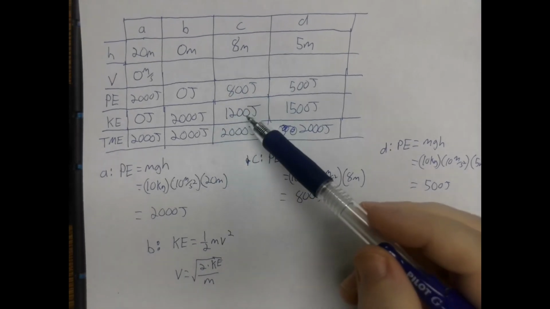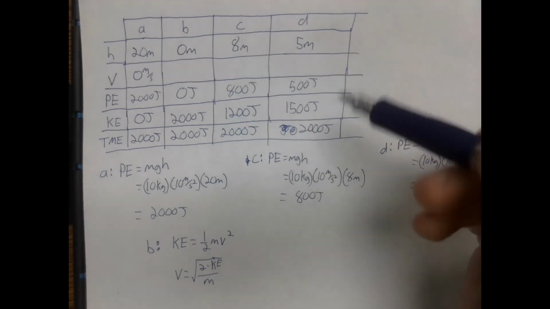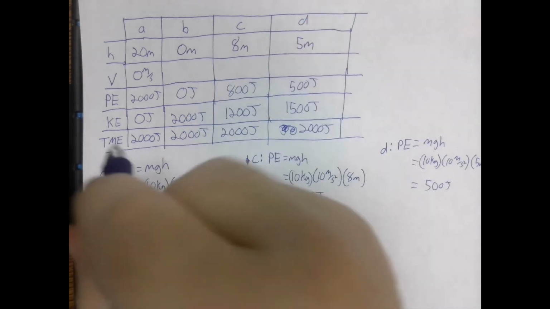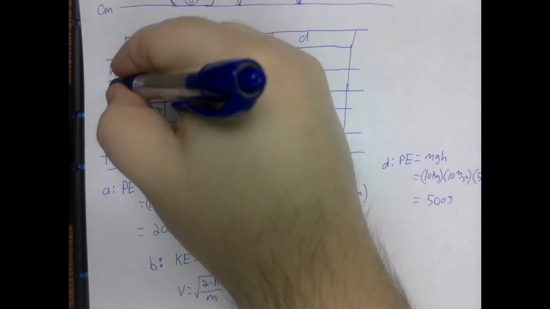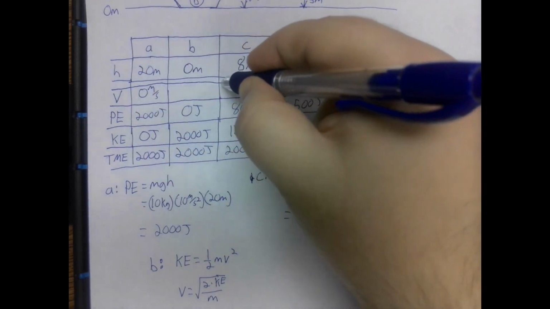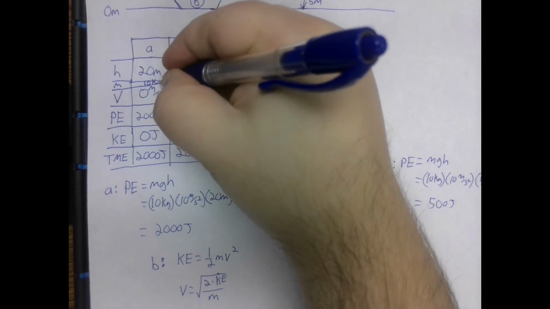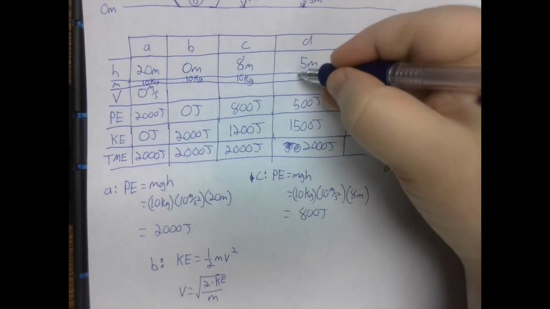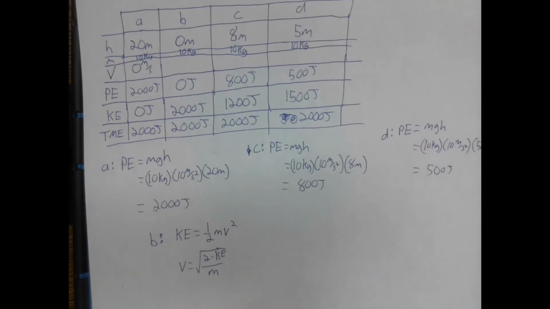It tells you your kinetic energy. Mass is 10; I should probably have put that into the table. Mass, 10 kilograms, 10 kilograms, 10 kilograms. I could have also squeezed in g and other things.